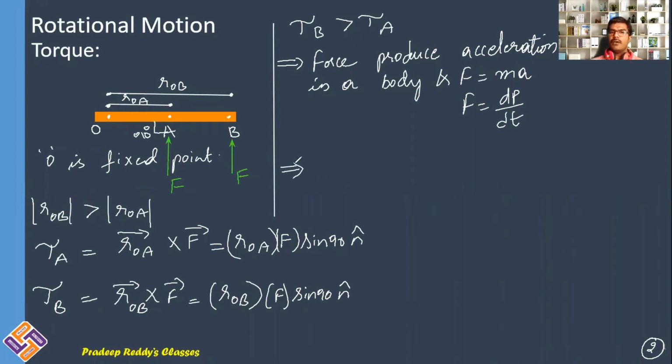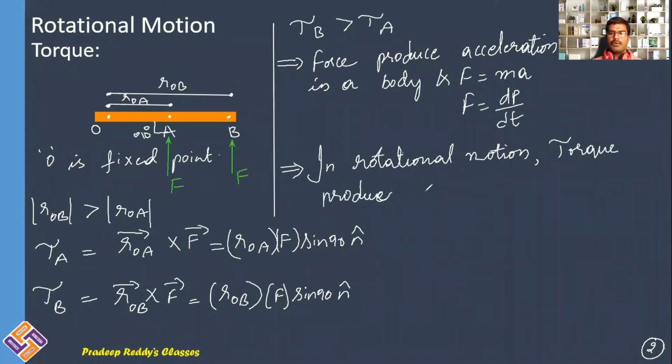Likewise, in rotational motion, torque produces rotation of object. Due to torque, the body will be rotated.